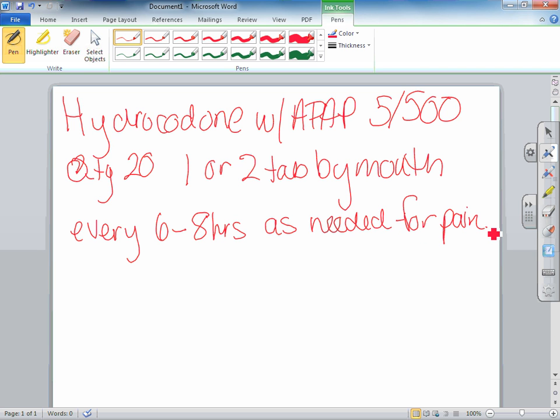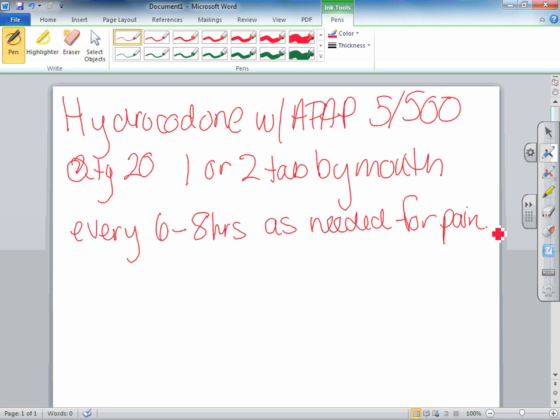That is what your prescription interpretation for number 2 should read: hydrocodone with APAP 5/500, quantity 20, 1 or 2 tab by mouth every 6 to 8 hours as needed for pain. That is what it should read.